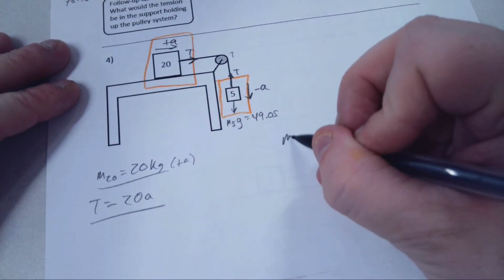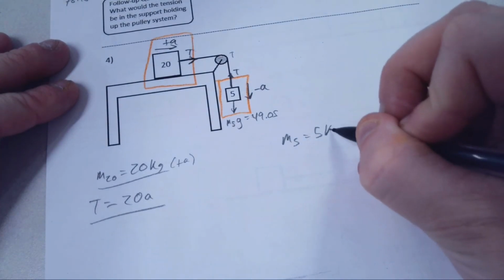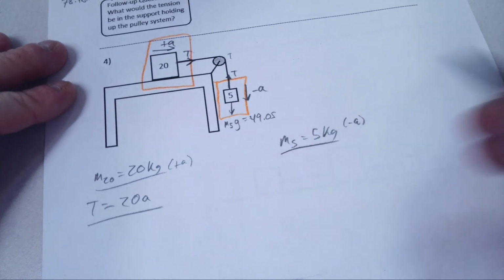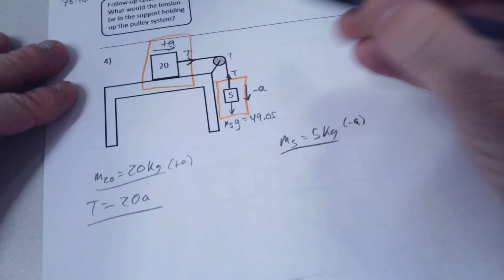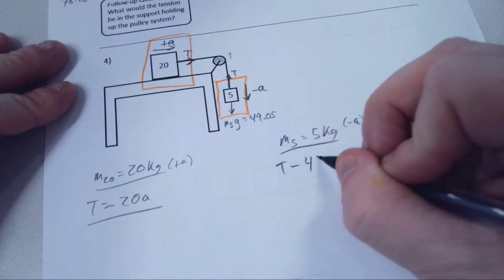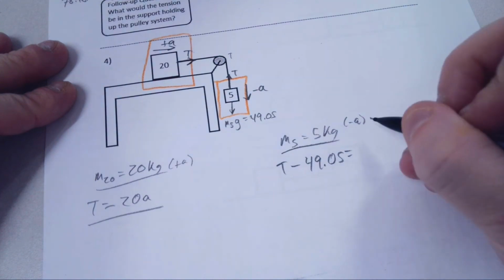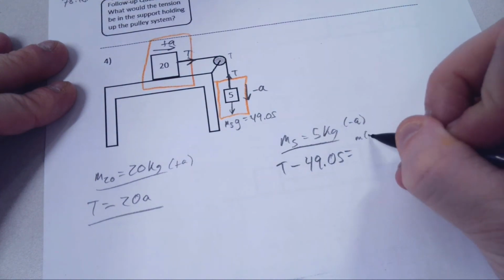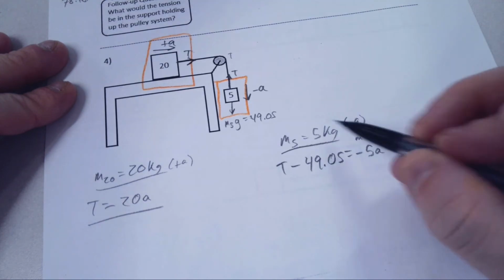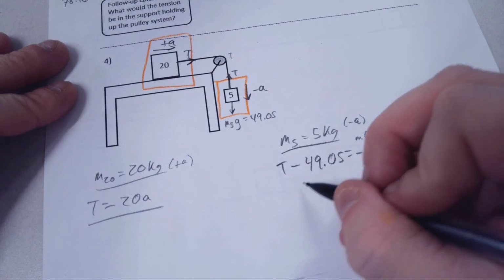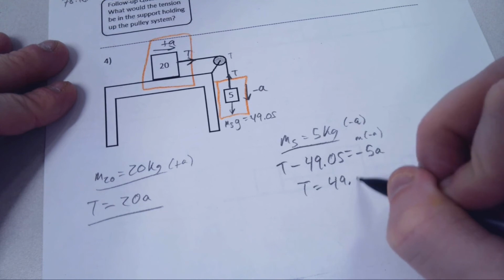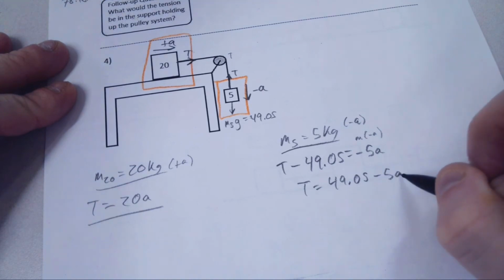For mass 5, which is 5 kilograms, this has a negative acceleration because it is going down. Up minus down, up is T, down is the force of gravity, which we calculated 49.05, equals, like I said, m times A, or m times negative A, so negative 5A. Solve for T, add 5A, T equals 49.05 minus 5A.